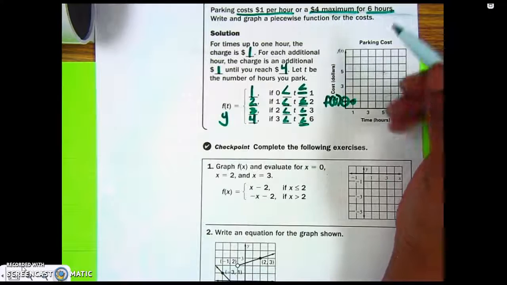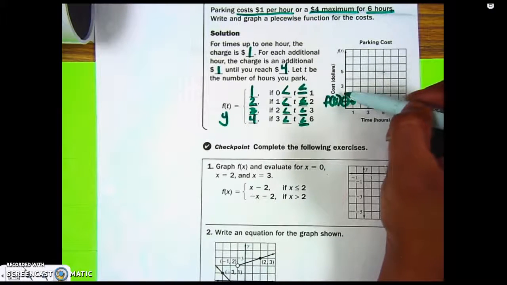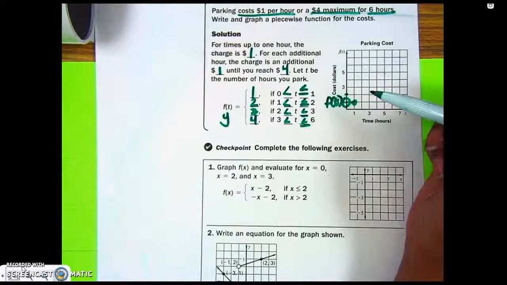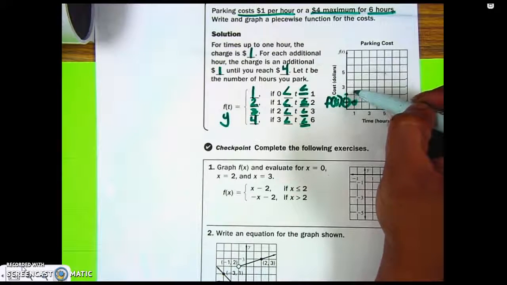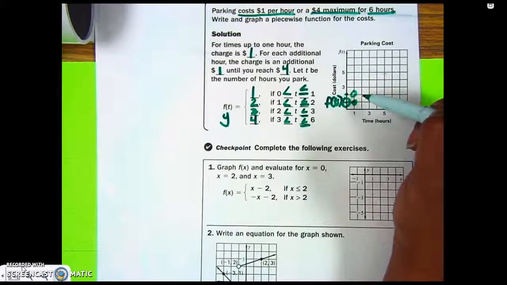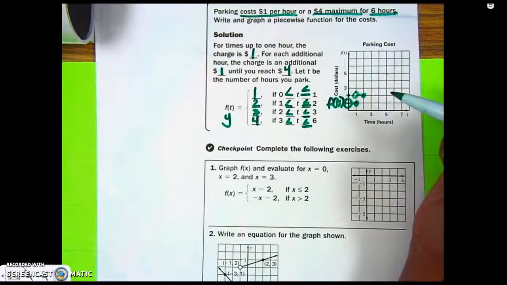The next one says f of t equals 2. So I'm going to go up to 2 on the y-axis and make a little placeholder there. And then it's between 1 and 2. Since t is just greater than 1, I'm going to have an open circle. And since t is less than or equal to 2, I'm going to have a closed circle here and then connect them together.